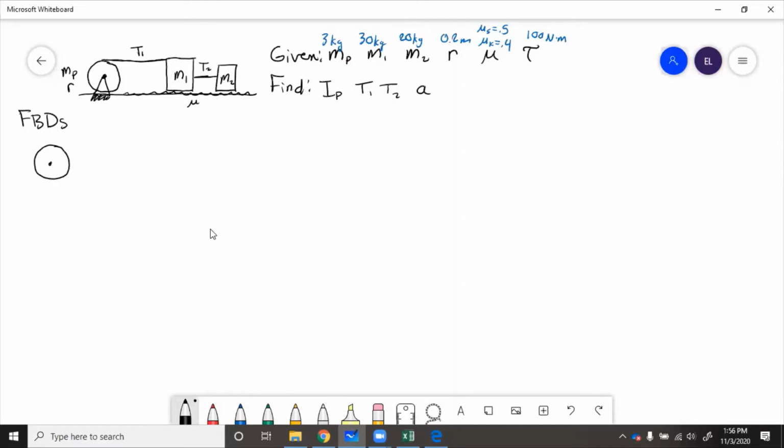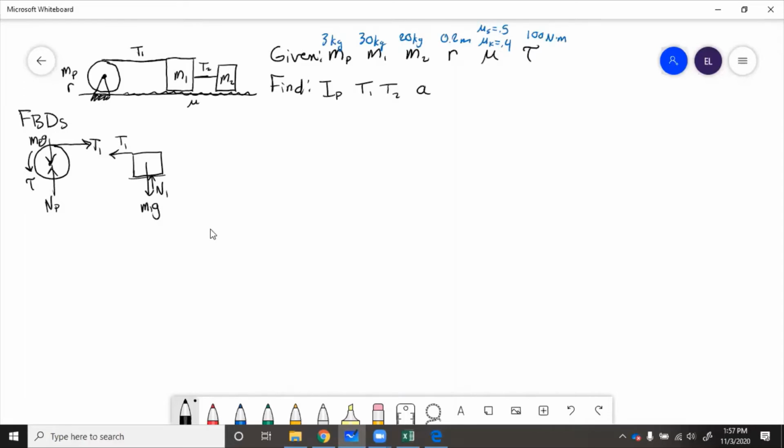So here on the pulley, we know that we've got mass of the pulley times gravity, normal force on the pulley. We've got a torque. And then we've got the tension pulling from the first block. Now for the block, we'll have gravitational force, normal force on that block, friction force, and then the block is trying to move to the left because the tension is pulling it that way.